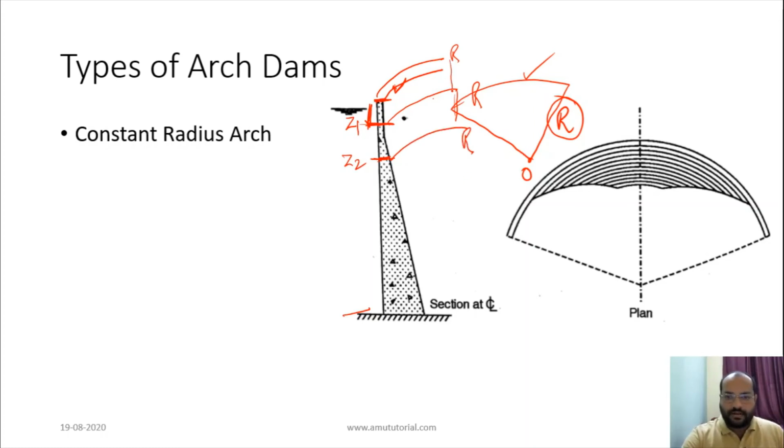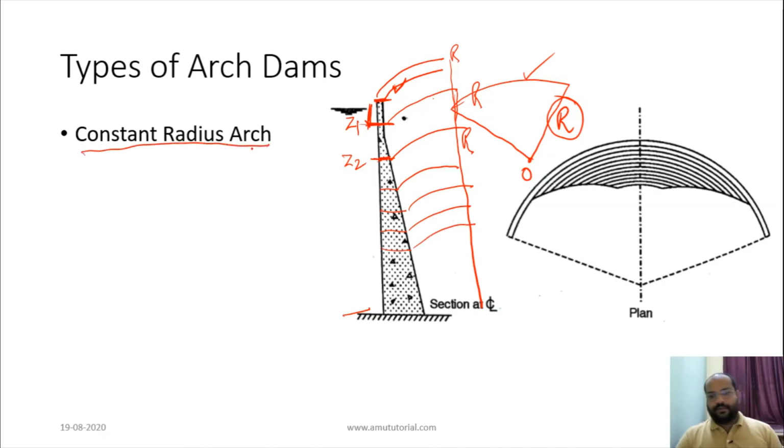So at all the levels, at all the elevations, if the radius is same, then this is known as constant radius arch dam.